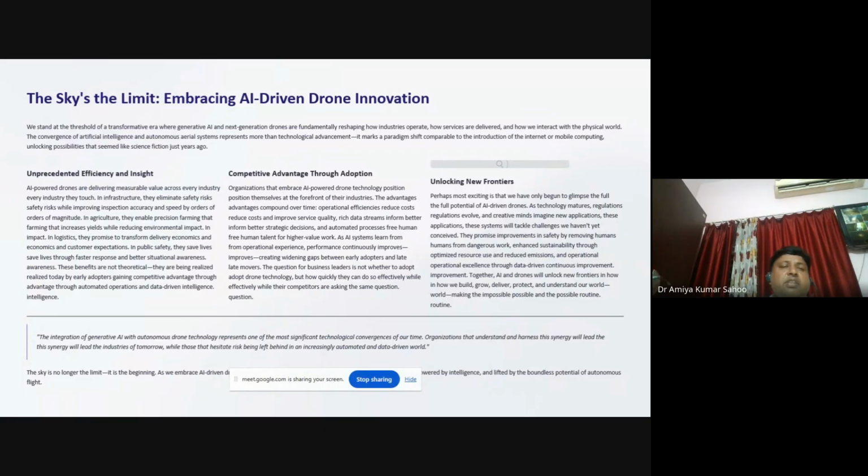The convergence of artificial intelligence and autonomous aerial systems represents more than technological advancement. It marks a paradigm shift, like the introduction of the internet or mobile computing, unlocking possibilities that seemed like science fiction just years ago.